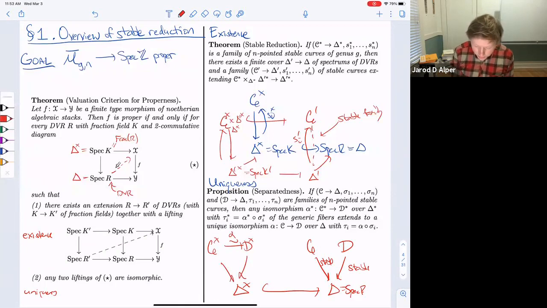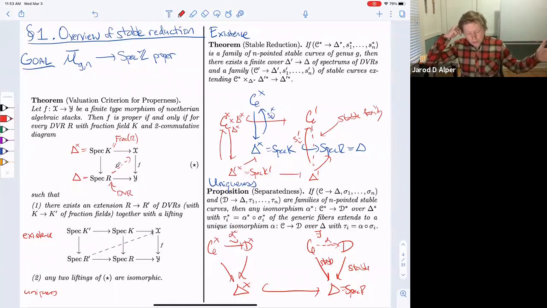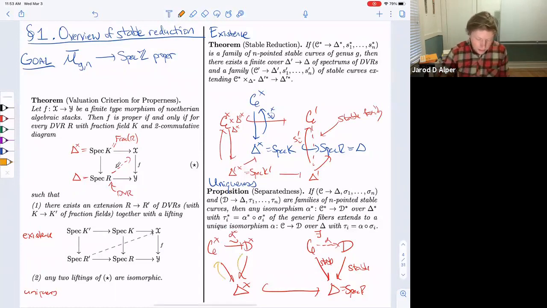Then you want to show that you can extend the isomorphism of the generic fibers to an isomorphism of the total families. Similarly, if you had sections here and here, and an isomorphism on the generic fibers preserving those sections, then you can extend in such a way that you also preserve those sections.